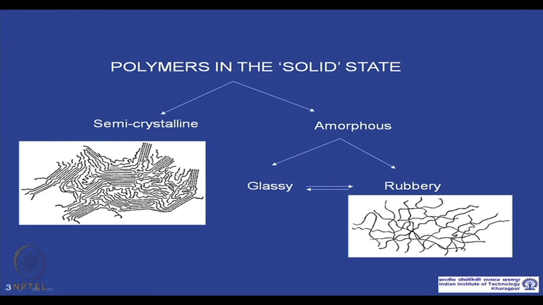Semi-crystalline means it has crystalline regions, which are basically ordered, and amorphous regions, where there is no order. We all know what a crystal is, and we know the solid, liquid and gaseous states of matter, basically three states of matter. In the crystalline solid state, we have long range order.